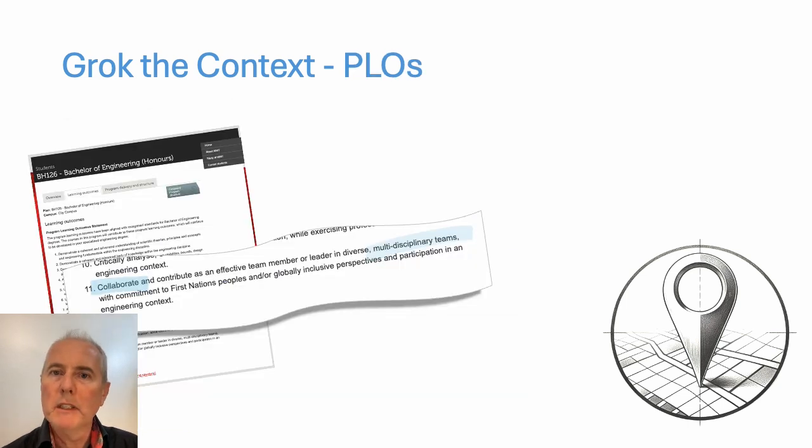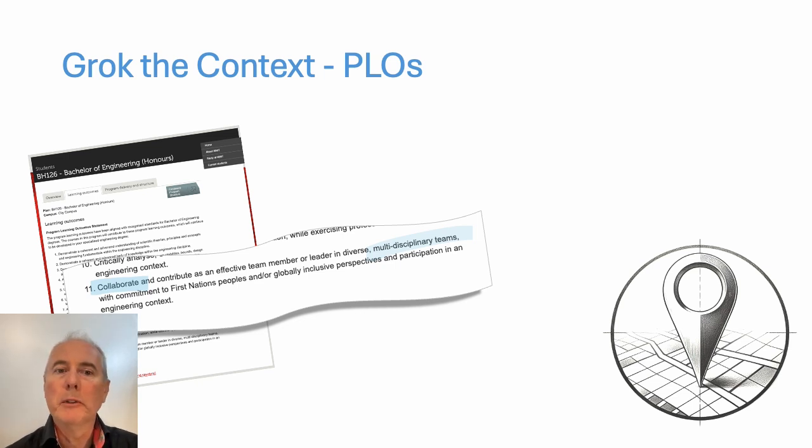With the AQF done, let's align with the PLOs. Question is, what are the PLOs that you have to hit? Your program manager will provide you with the mapping for your course. So let's extend our example with PLO 11. PLO 11 is collaborate and contribute as an effective team member or leader in diverse, multidisciplinary teams with commitment to First Nations peoples and/or globally inclusive perspectives and participation in an engineering context. Phew.